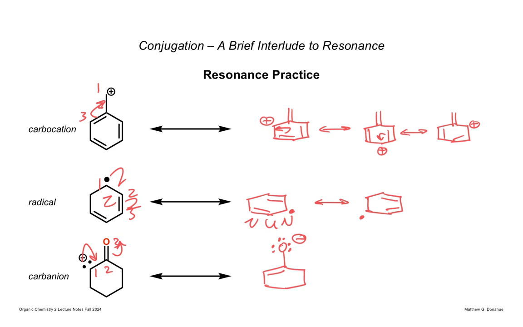So that one has 2 resonance forms. Again, if I can just point out, in this top case, you see the plus charge at the benzylic position, then you see it here, here, and here. Notice the carbon atoms you don't see it on. That's just as important. Again, when it comes to predicting reactivity, where is something, where is not something, or what's lacking?